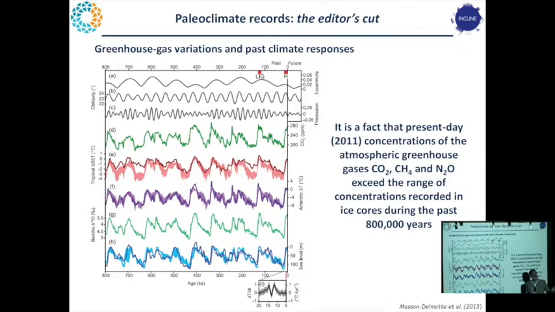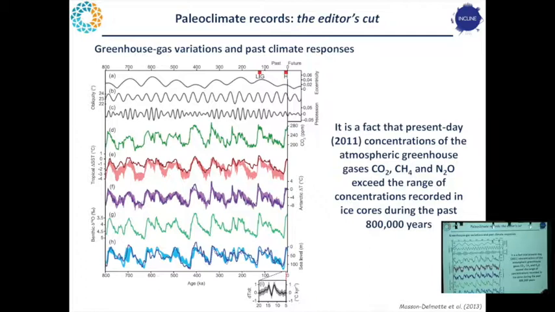What we can see here, for example, is variations, apparently cyclic, between high and low concentrations. And the envelope of variability is roughly 280 ppm to 180 ppm.